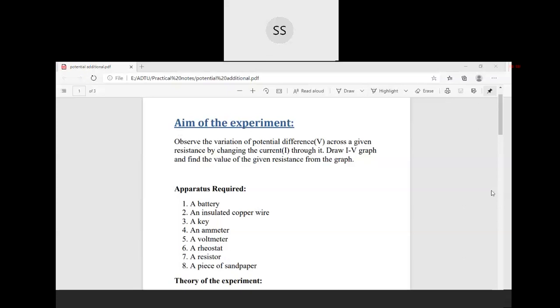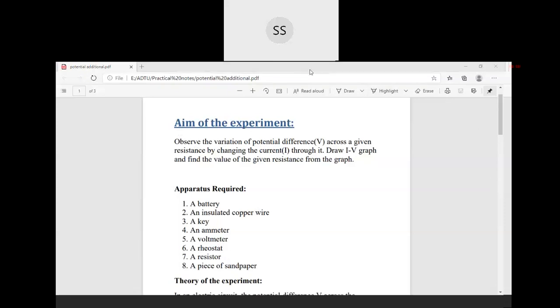Do you have any doubt or question? Have all of you understood this experiment? Say yes, no, or if you have a question, you can ask.